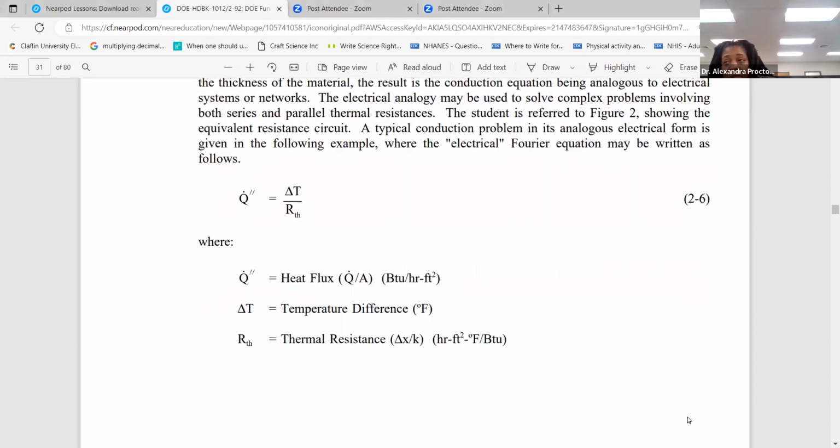Delta T is the temperature difference, in degrees Fahrenheit. R_th is your thermal resistance. That's the same as delta X over K, and the units are hour foot squared degree Fahrenheit per BTU.